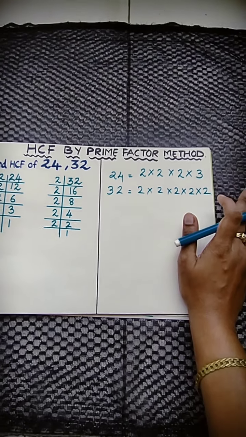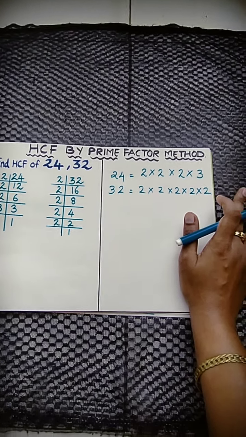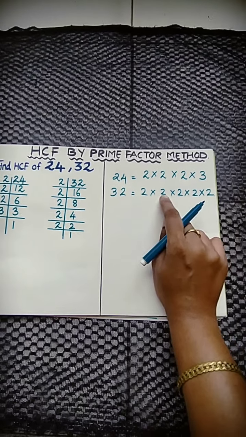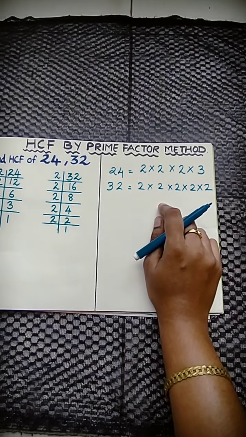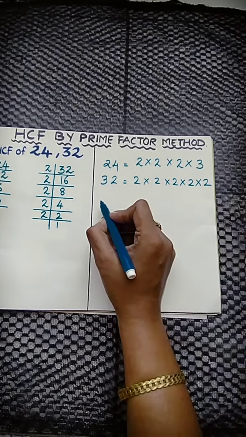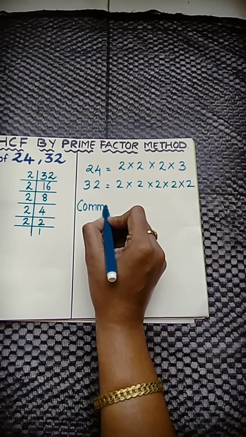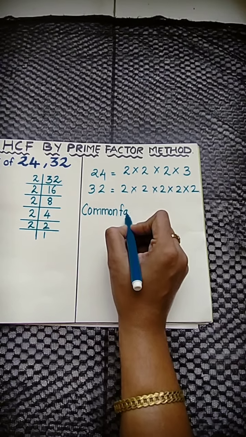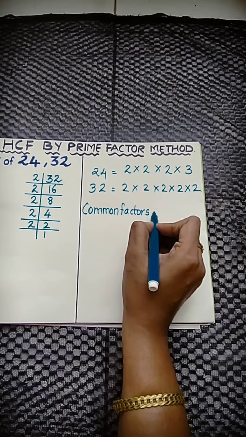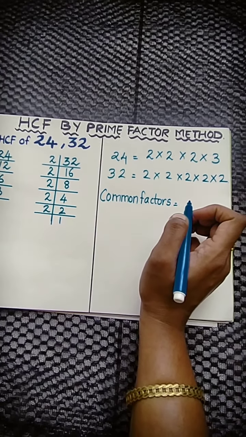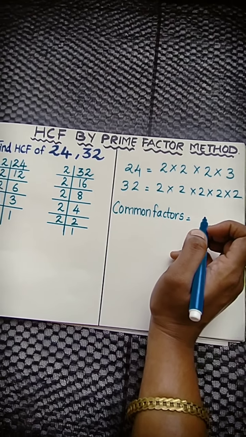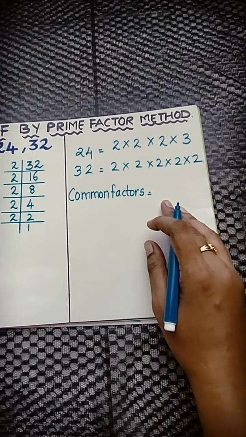Now what you have to do is find out what is common in both these prime factors. What you will find out? The common factors. So I will write common factors. Okay. So what are the common factors in this? Can you tell me?